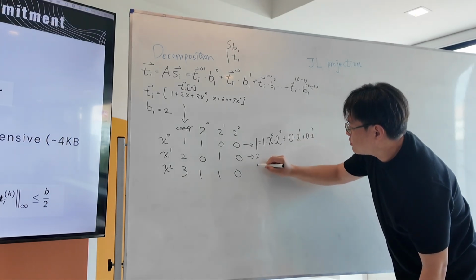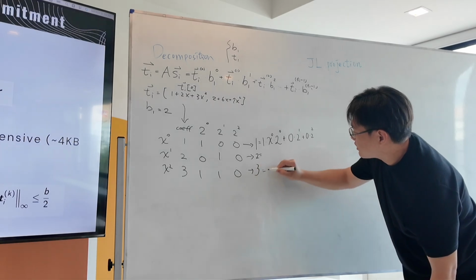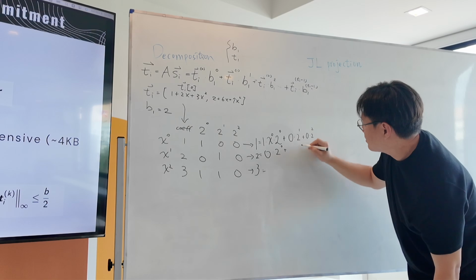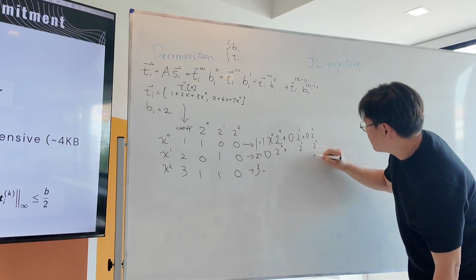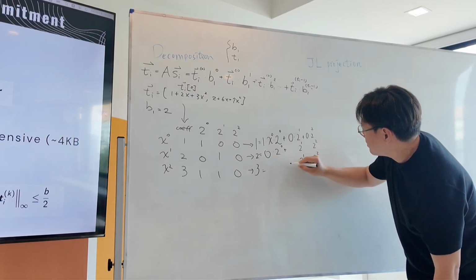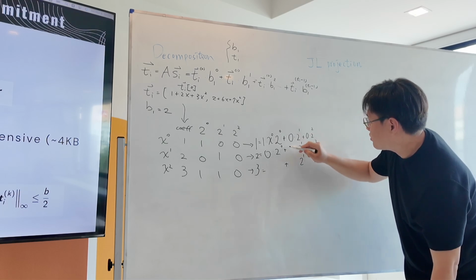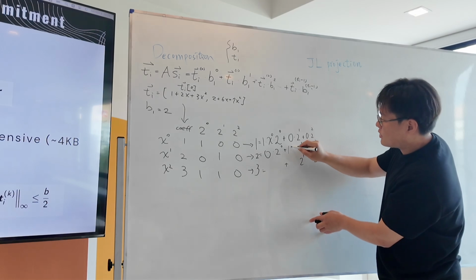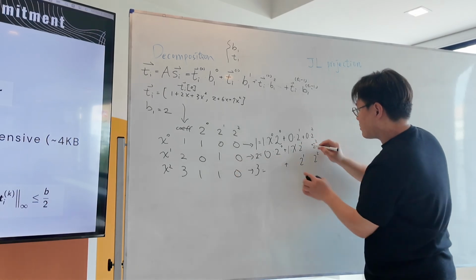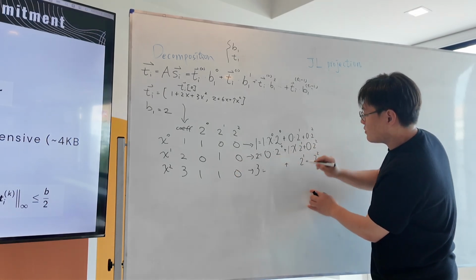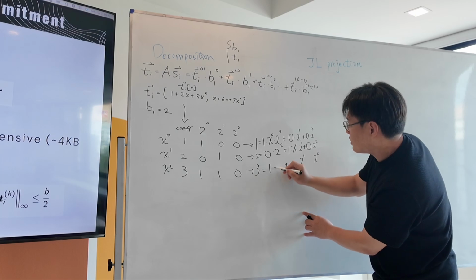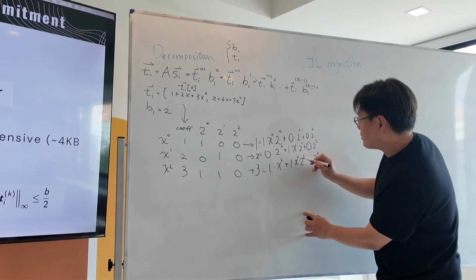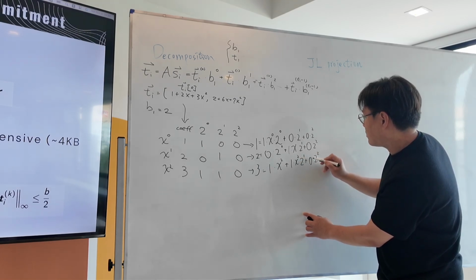This will be 2, 3. I'll just make it quicker. 0, 1, and this is actually x, so we put x here, and 0, and 1 times x squared, 1 times x squared, 0.